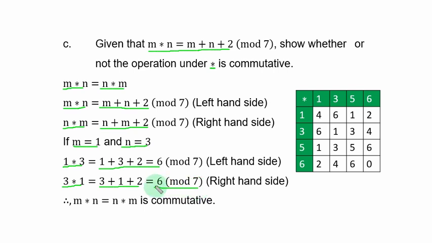So you notice that the remainder is the same for both sides. So this shows that m asterisk n is equal to n asterisk m, and the operation is commutative because we have the same remainder from the left hand side and the right hand side.